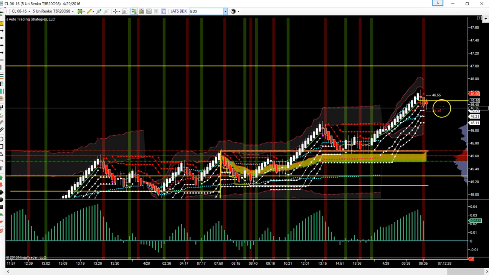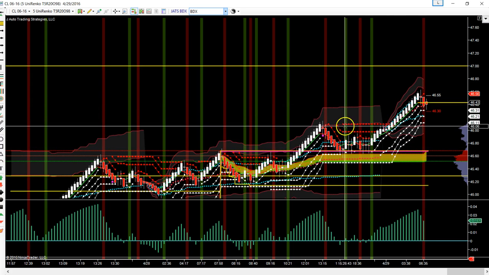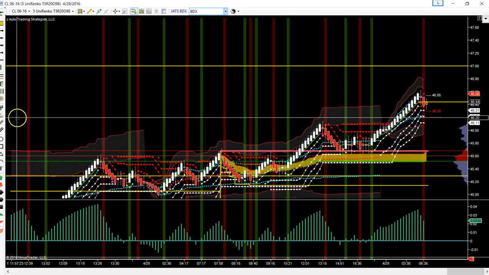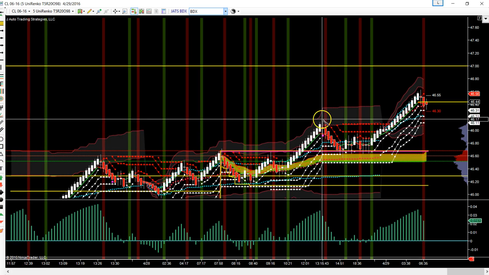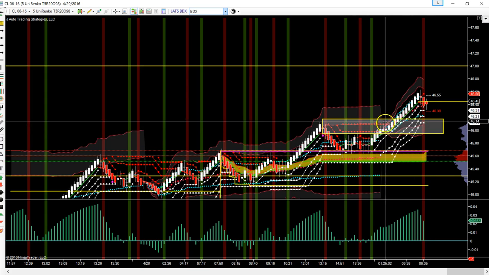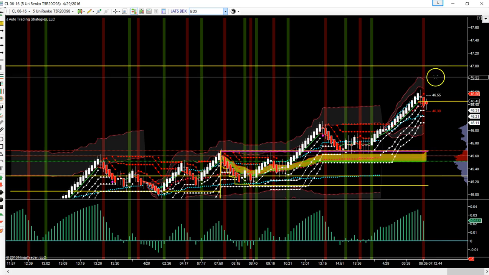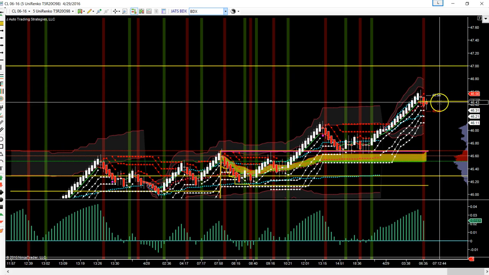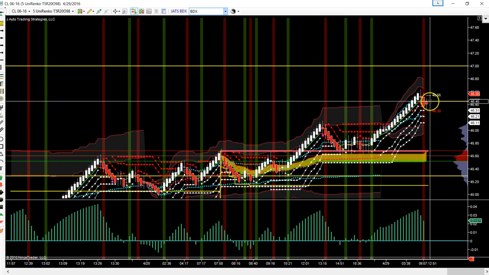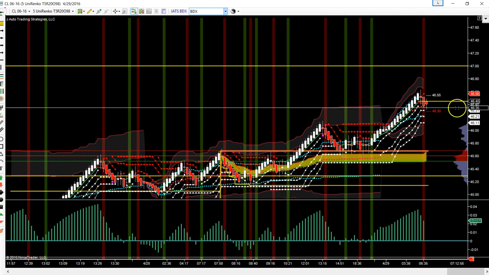We're sitting at VWAP. So I'd like to see this get down to my test area, and I'll be just sitting here waiting for a green band. And won't I feel like a dummy if it takes off from here and goes up? First green band, though, I'm going.